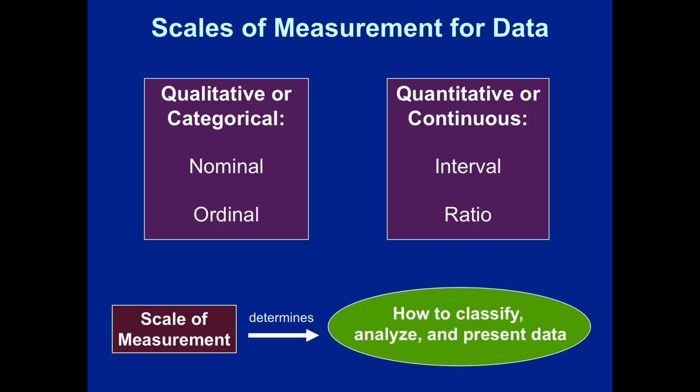And when you know what scale of measurement you're using, that's how you can classify and analyze and present your data. Because you present data that's categorical, like nominal data, differently than you would present continuous data. So you're going to present the average weight of a population in a different way than you would present the different ethnicities in that same population.